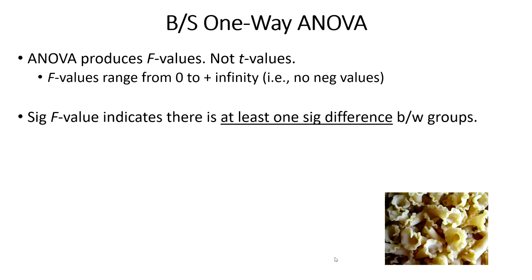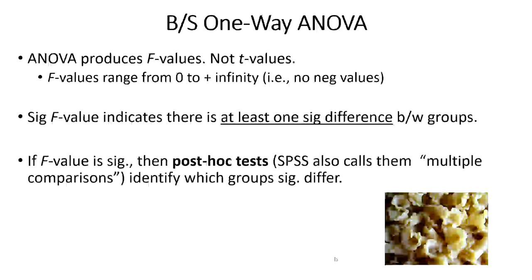And then the p value that we get with the ANOVA test will let us know if there's at least one difference between the groups. So if we get a significant F value, if our p value is significant, there's at least one significant difference between the groups. There may be two, maybe three, we don't know, until we look at what are called the post hoc tests. So if we get a significant F value, then we look at the post hoc tests.